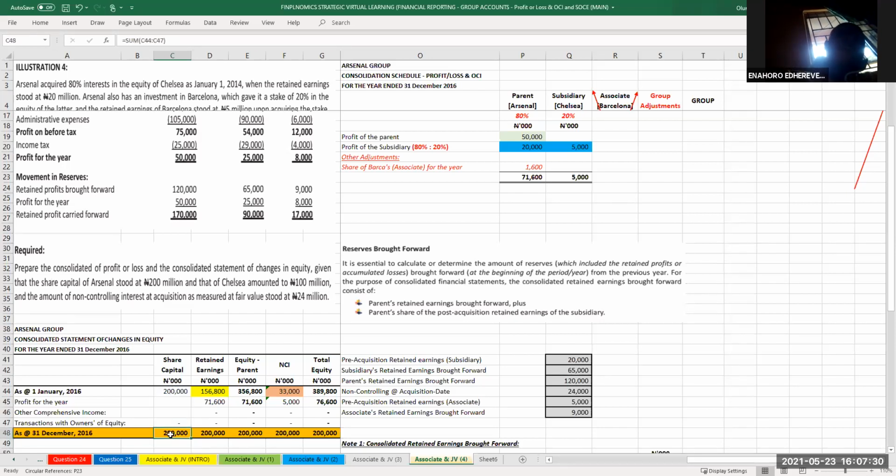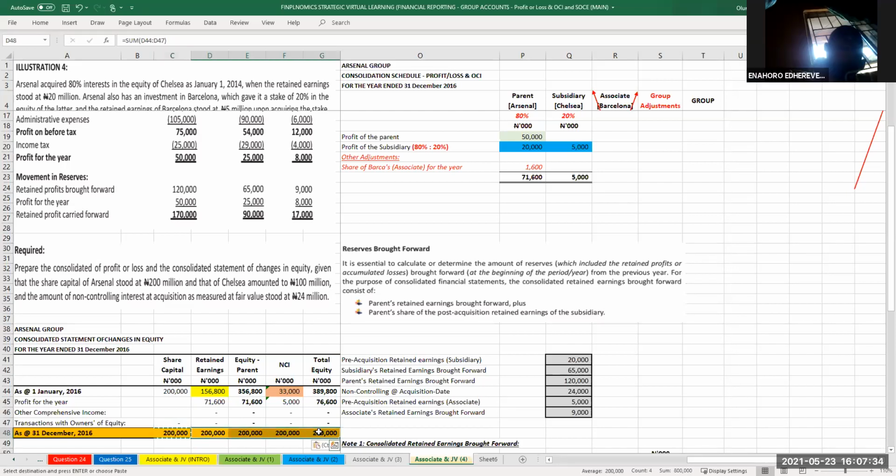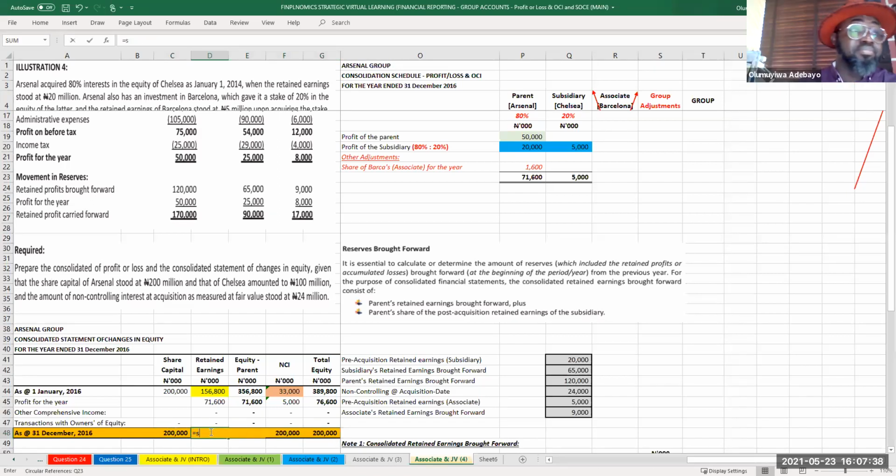I think you are missing it. If I have shares in a company that is just an investment, that is a financial asset.